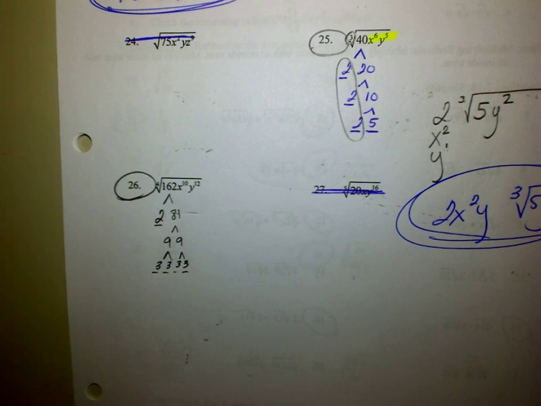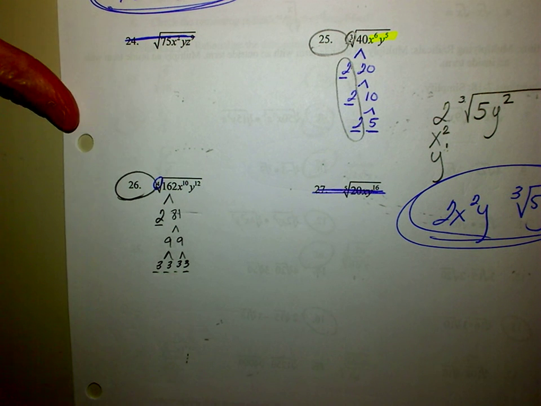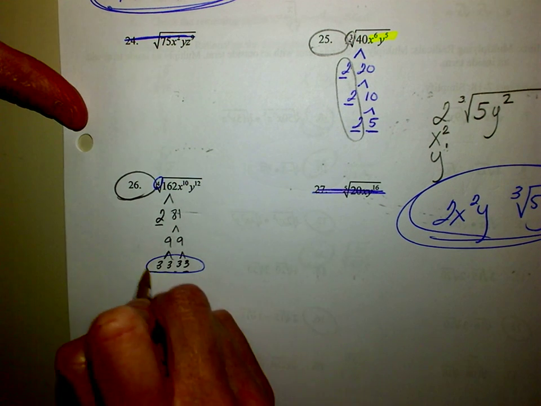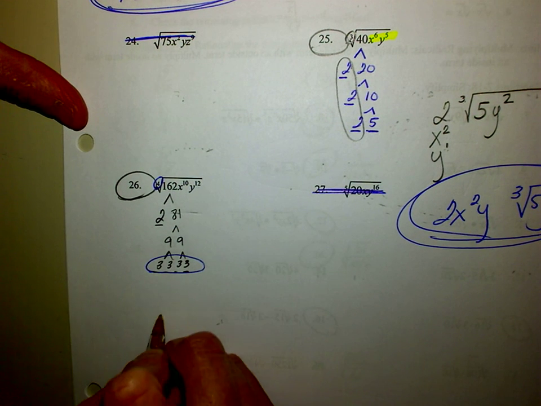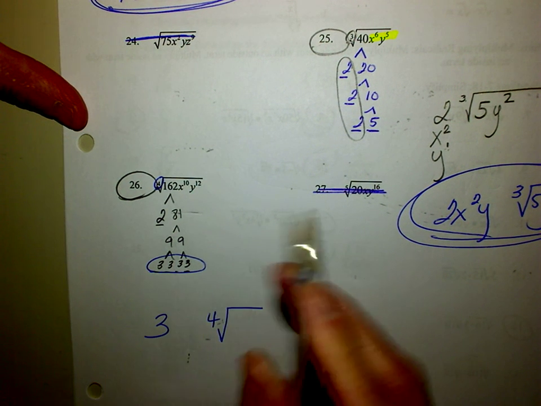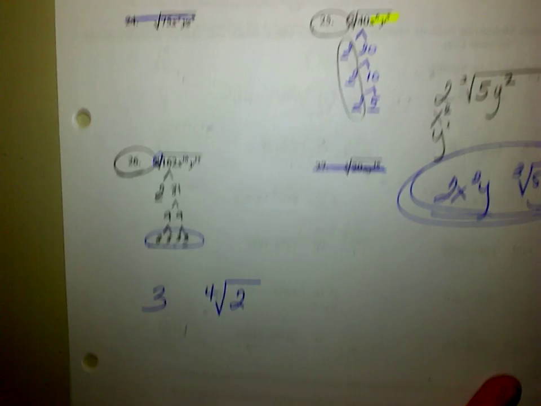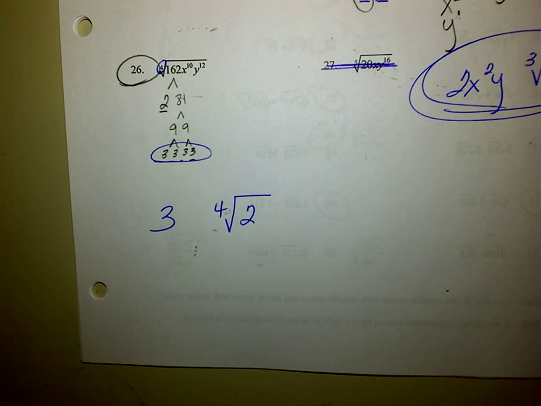Okay, so this time I need 4 of the same number. Looks like I got 4 3s. I'm going to bring out one group of 3s. And then the 2 stays underneath. Make sure whatever your root index is, you bring it down in your answer.